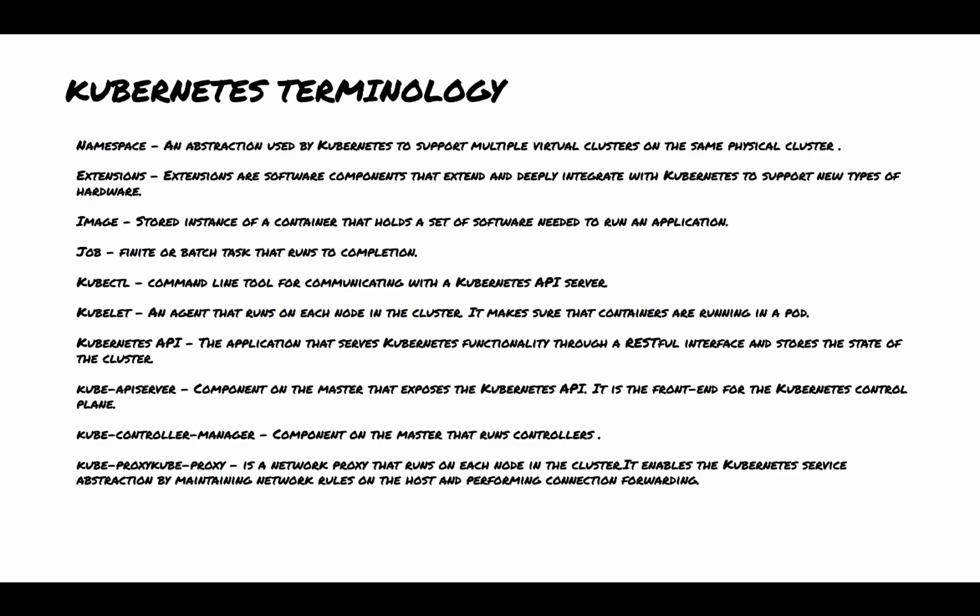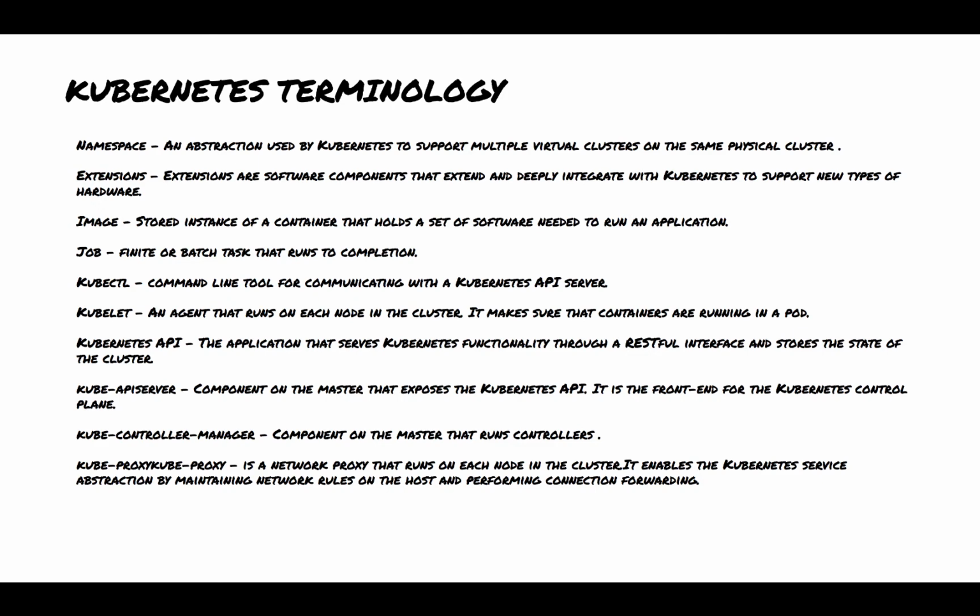So how do you abstract that? You can use namespaces. People accessing a certain namespace can be authorized to or to not be able to see the deployments in other namespaces. So it's just a mechanism to support multiple virtual clusters on the same physical cluster.